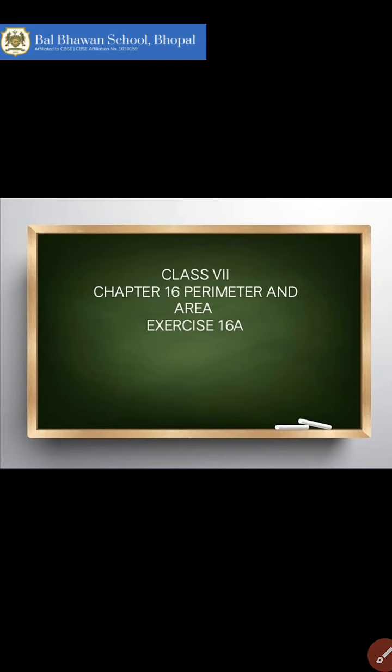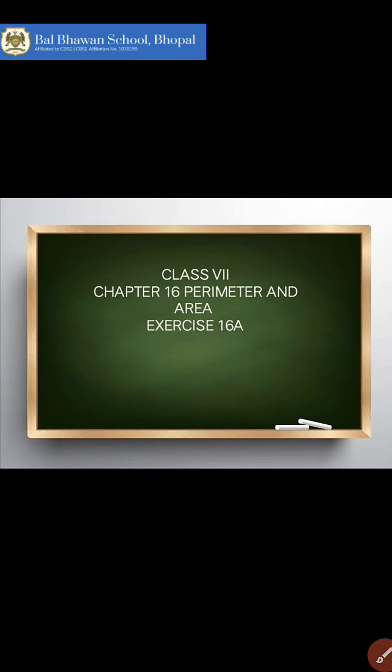We have also learned the formulas of finding the perimeter of a rectangle, that is 2 into (length plus breadth), perimeter of a square, that is 4 into the side, perimeter of an equilateral triangle, that is 3 into the side, and many more. Now let us continue with exercise 16a.